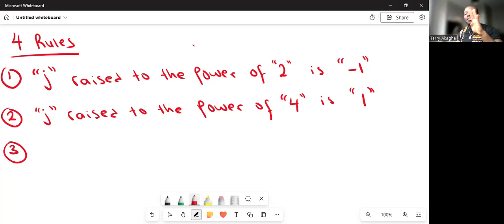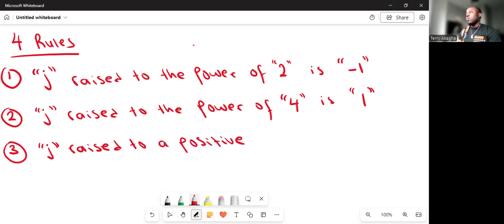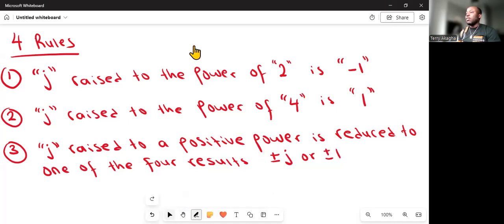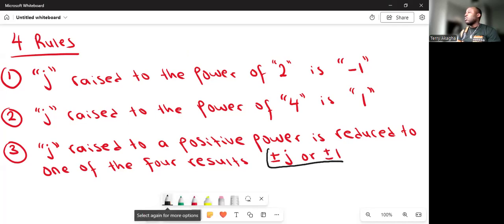No matter what you're solving, these are the 4 possible answers you will get.